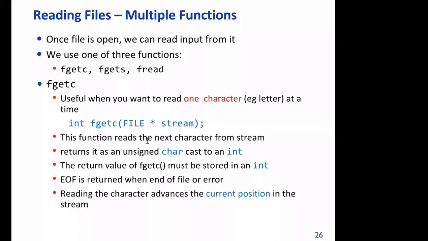Now note here, you'll have to write the complete instruction, the way we are going to use it. The return value is not of character type but of integer type, which is typecasting, because of certain design advantages. And when we read a character, it advances the current position in the stream.